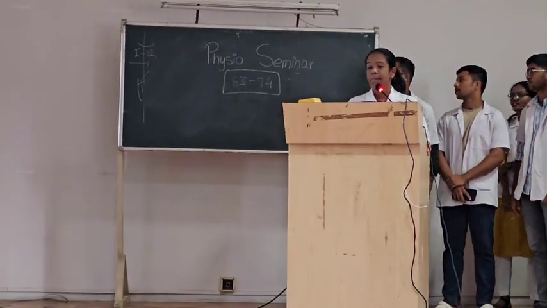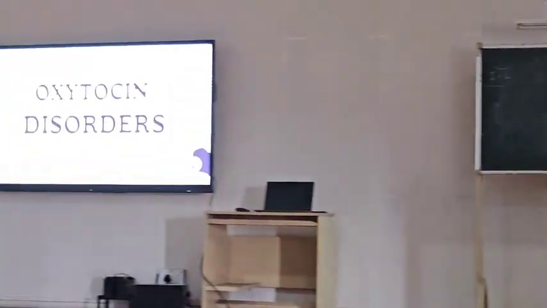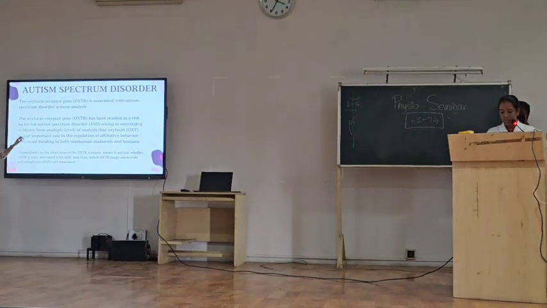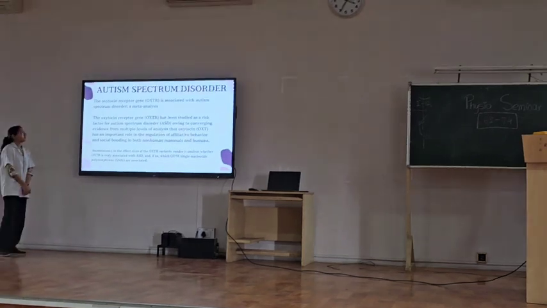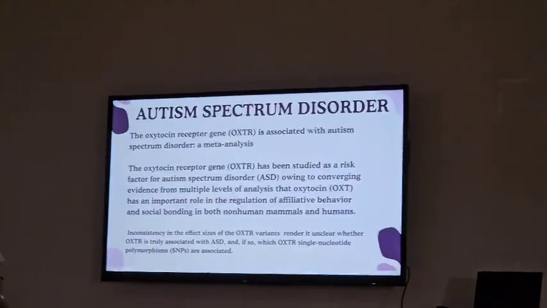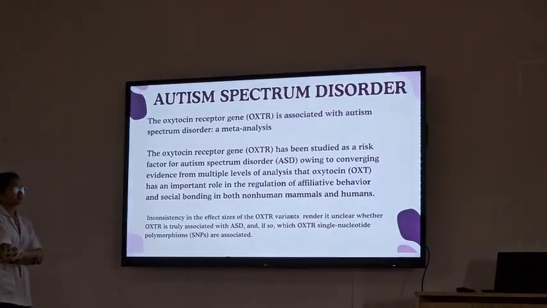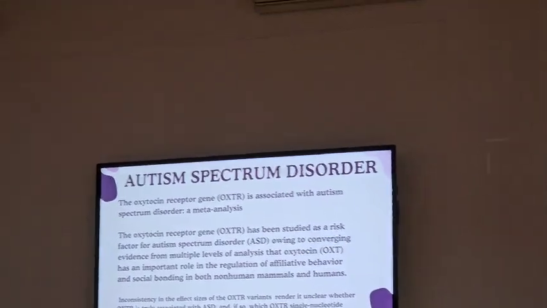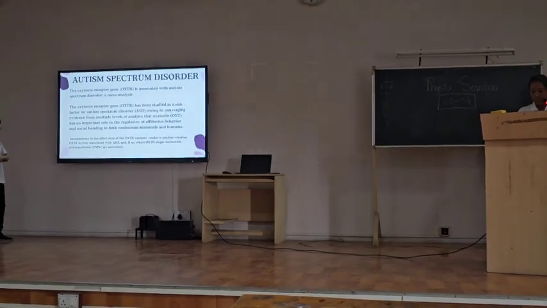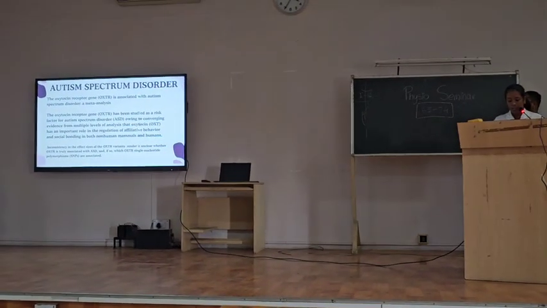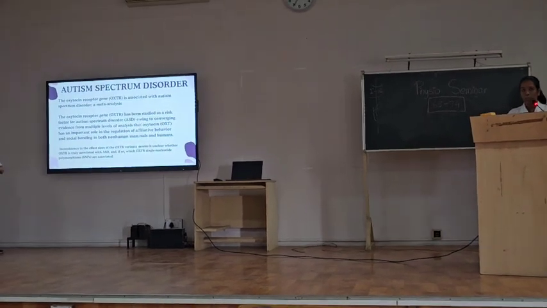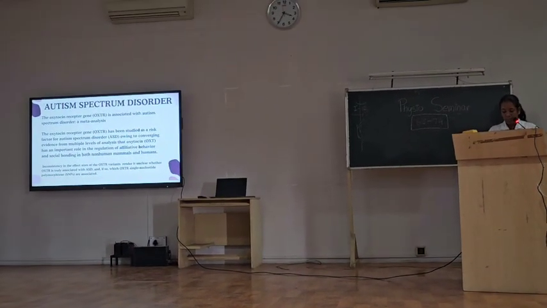Now I will be explaining oxytocin disorder, autism spectrum disorder. The oxytocin receptor gene is associated with autism spectrum disorder. The oxytocin receptor gene has been studied as a risk factor for autism spectrum disorder owing to converging evidence from multiple levels of analysis, showing that oxytocin has an important role in regulation of affiliative behavior and social bonding in both non-human animals and humans.